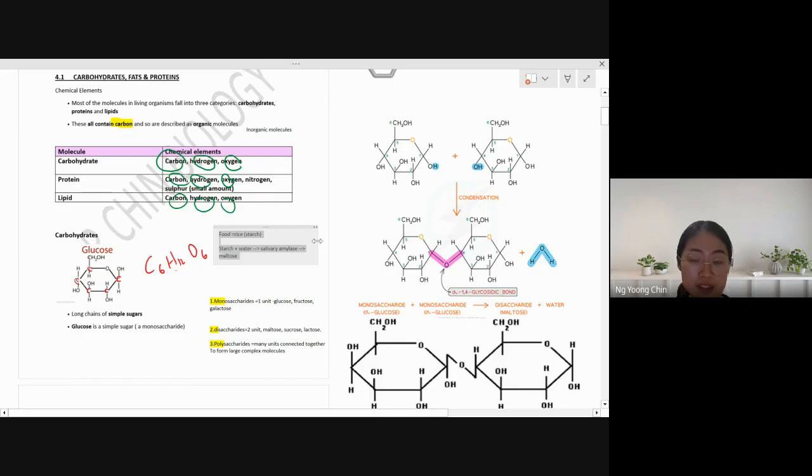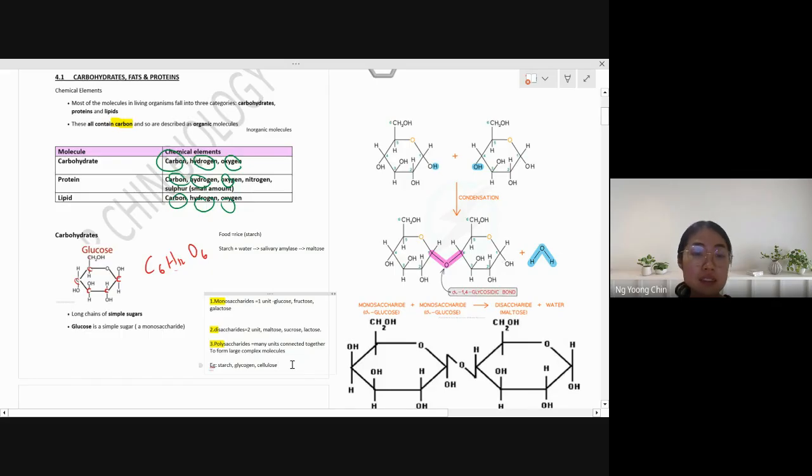So you can see that the polysaccharide, which is starch, is broken down by the enzyme, so it becomes the disaccharide, which is maltose. I forgot to mention that examples of polysaccharide are starch, glycogen, and cellulose. Those are the three examples of polysaccharide that you will be learning.